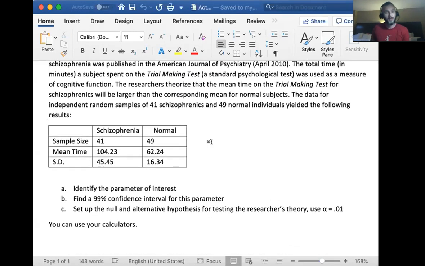And there they are. So our task is to identify the parameter of interest, find a 99% confidence interval for that parameter, and then set up a null and alternative hypothesis and test it at the 0.01 level, which is flowing right out of the 99% confidence level. Okay, so you can use your calculators. I'm going to give you, we'll say 5 minutes to do this. And give me a green check mark when you are done.